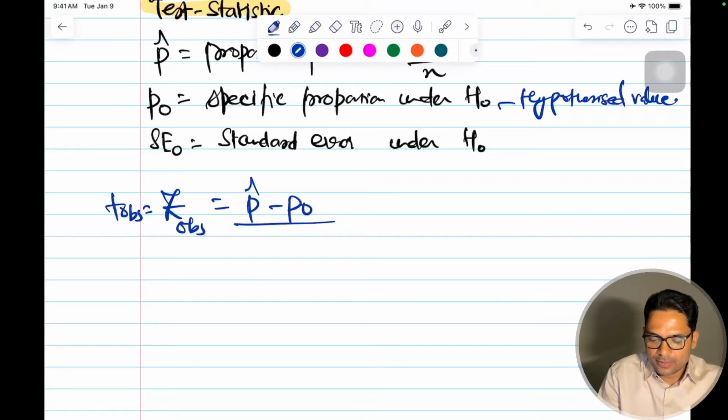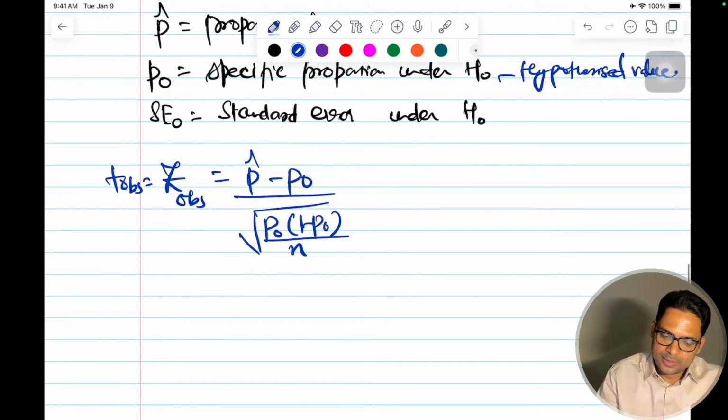Generally that is used for standardizing. Here the standard error is the square root of p naught into 1 minus p naught by n. This term is the standard error.